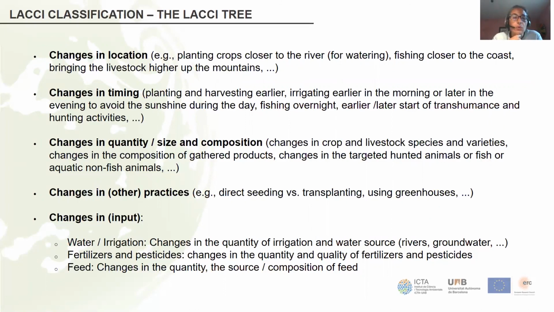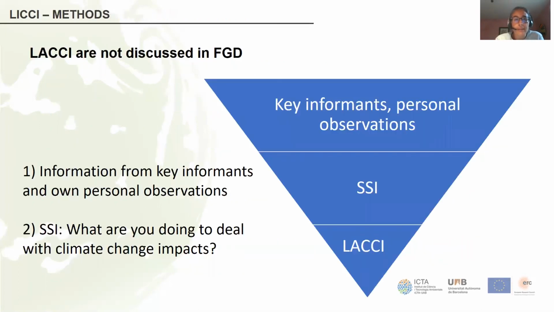So we are focusing on changes in location, changes in timing. It doesn't matter if you're changing the location of your agricultural plots or the location of where you go fishing, right? You are adapting by changing location, by changing times, changing the area where you are cropping, etc. No? So we have this system of classification that will allow us to compare at the end.